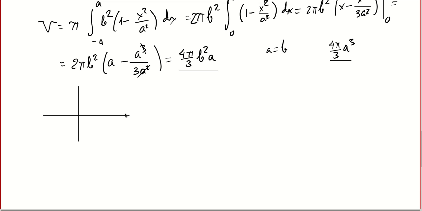So we have here this piece of the ellipse, which is the one that is going to rotate and generate that. And then, well, of course, we have here a similar one. So what we're going to do is to consider just the one on top and multiply by 2 the result, right? And we rotate this around the y-axis and it generates another ellipsoid of revolution.